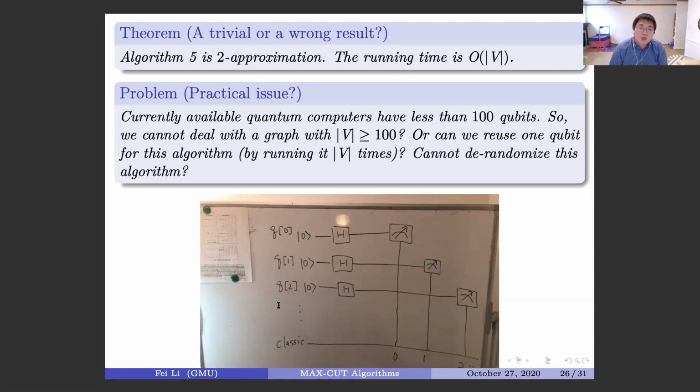If we do so, then based on the definition, it doesn't seem like a quantum algorithm anymore, but that is the issue I was wondering about before. Also, for such an algorithm, you cannot take the derandomization step, like what we did for the first randomized algorithm.